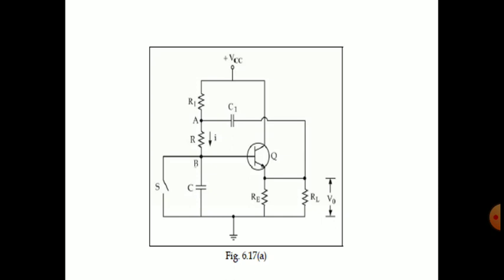We have switch S, which is in its open position. The capacitor is connected between base and emitter, and we have RE, the emitter resistance, and the load resistance, and we are taking the output across this load resistance.